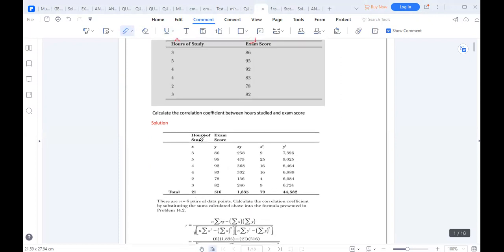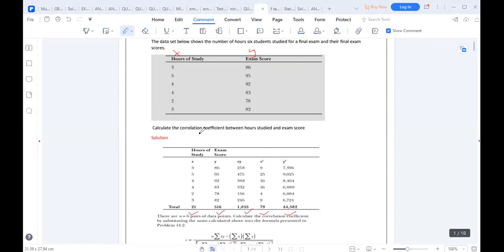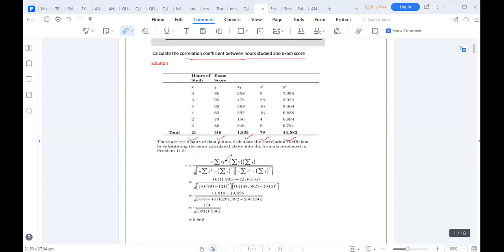Our summation of X is 21.5 and summation of Y is 16. These are the totals. Calculate the correlation coefficient between the hours studied and the exam score. When you substitute, you're going to get 0.862.